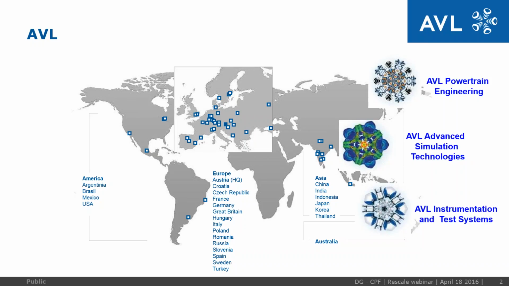AVL Powertrain Engineering, as the name suggests, offering powertrain development services. Another large part of the company is instrumentation and test systems, developing test beds, dynos, sensors, all kinds of measurement equipment for the automotive industry. And then finally, we have advanced simulation technologies, where I belong to.